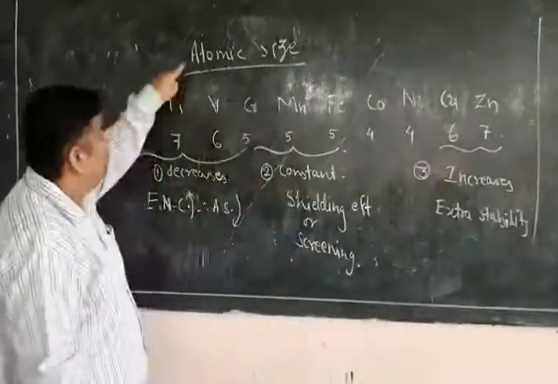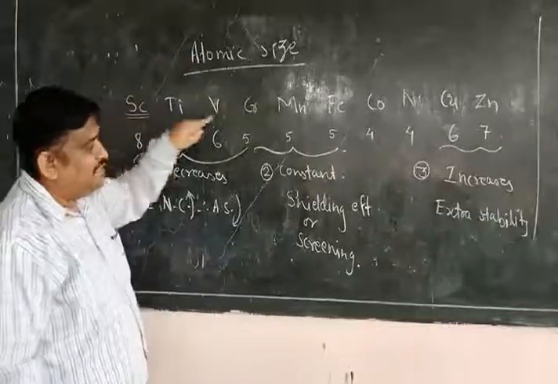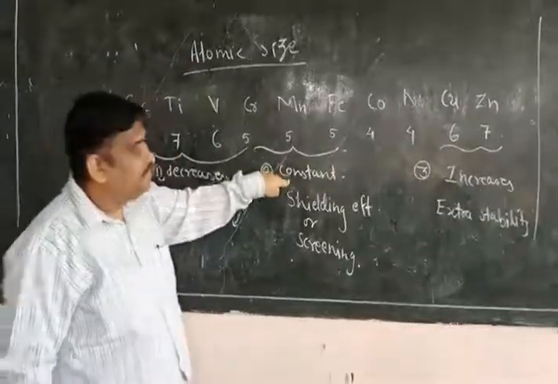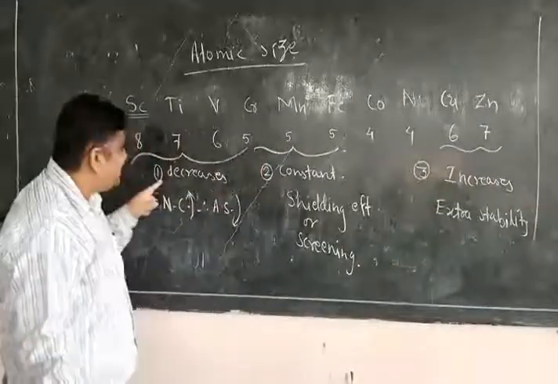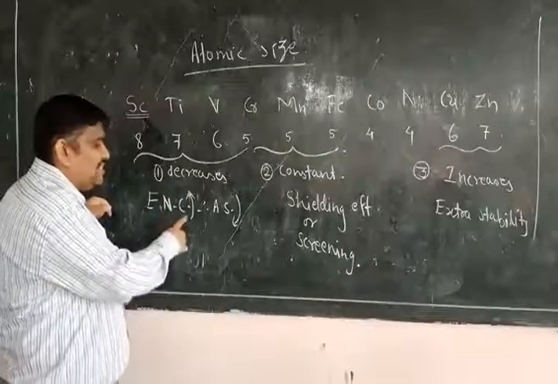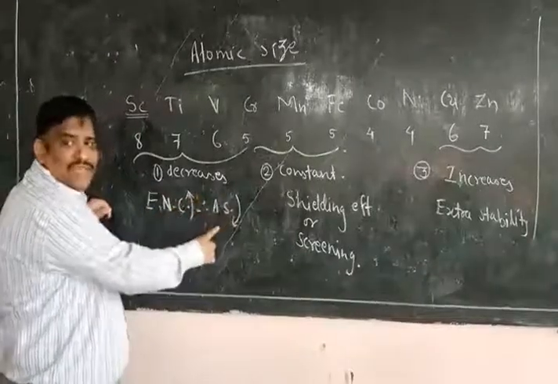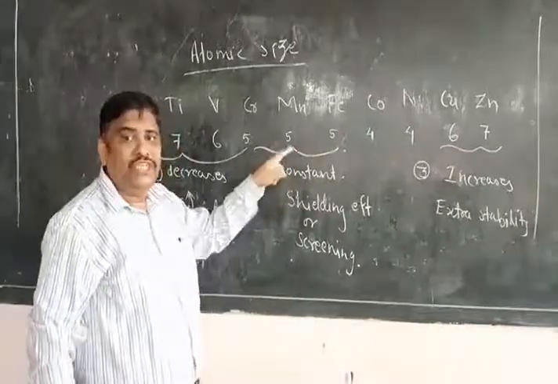Once again I am repeating, the variation of atomic size: first it decreases, secondly it is constant, and finally again it increases. Why does the atomic size initially decrease? Effective nuclear charge increases, therefore atomic size decreases. Why does the atomic size remain constant?